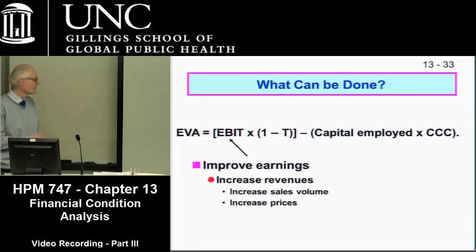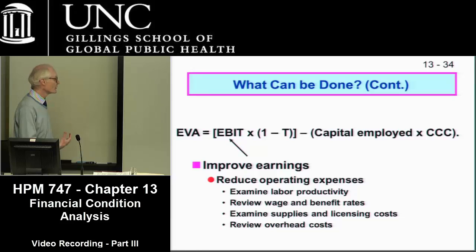Increase revenues, your sales volume, or increase your prices. Or you reduce operating expenses through labor productivity improvement, lower wages and benefits, and lower supplies and overhead costs. So that's the easiest way to change the reported earnings before interest and taxes: either increase your revenues or decrease your costs.